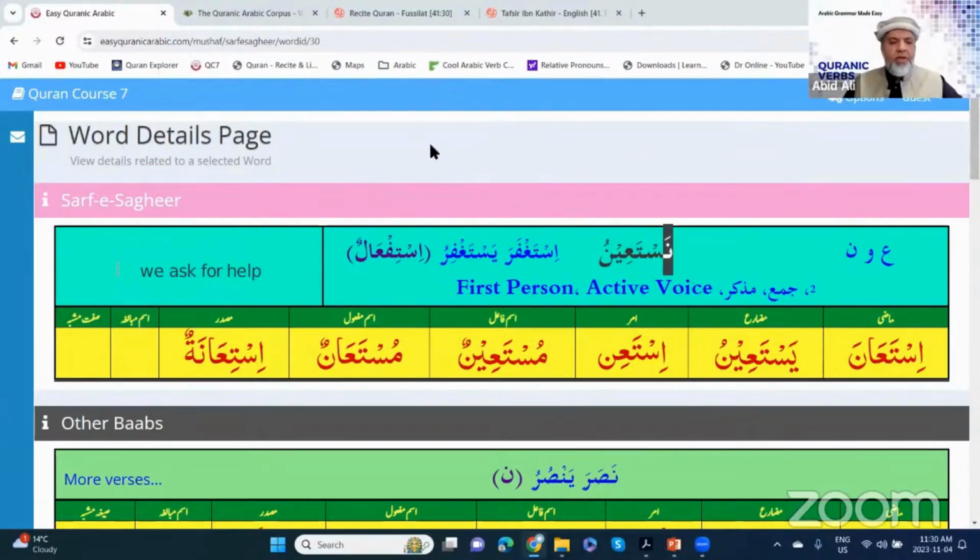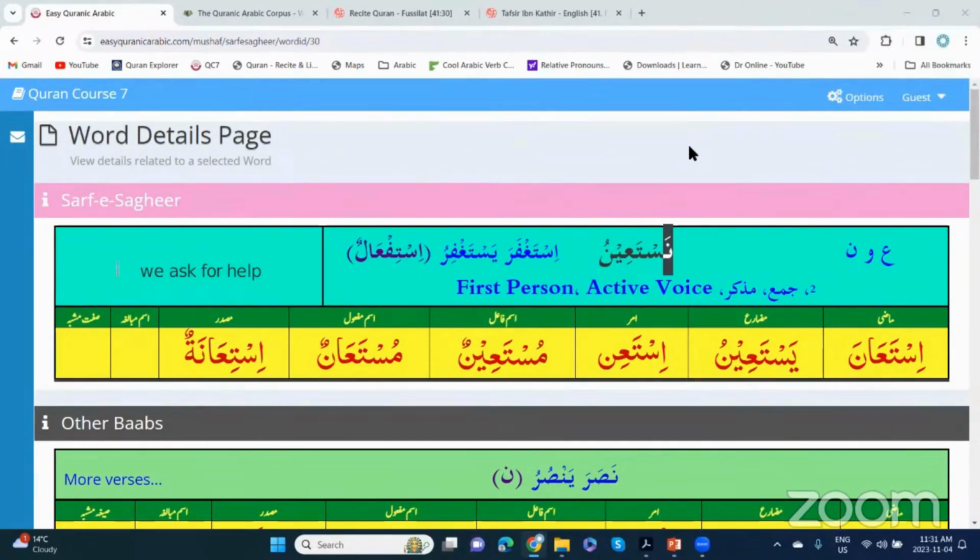Okay, no worries. So, Brother Ghani and everybody else, this category of Arabic we are learning is known as sarf. How many categories do we have in Arabic grammar? We have the nahw, we have the sarf, and we have the balagha. Nahw was the course we finished, part 1, part 2, part 3, before you joined this course.